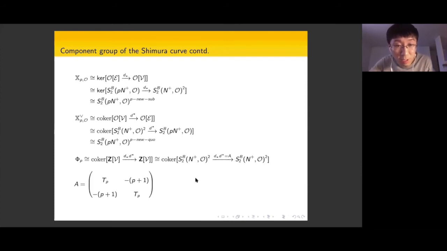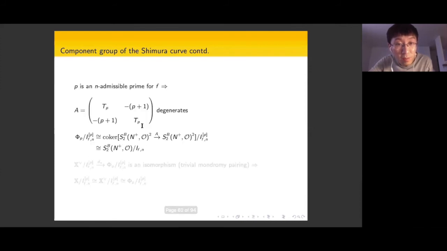Why this is interesting is because, recall that P is an n-admissible prime, and if you compute the determinant of this matrix, you have AP squared minus P+1 squared, and this corresponds to the second condition in the definition of n-admissible prime.